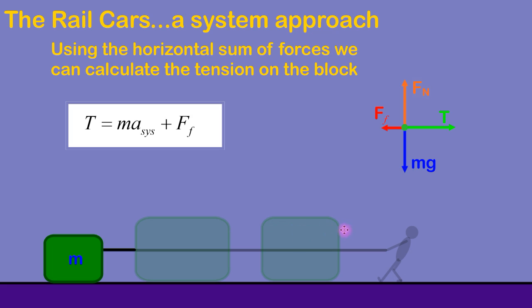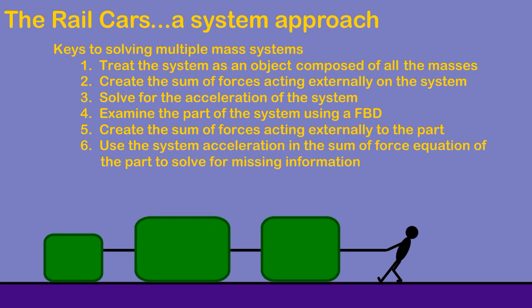Now, finding the other parts you could do, but we're just looking at this one part and seeing how you go about doing it. There's an overall pattern. Here are some steps to go about doing it. First step, treat the system as an object composed of all the masses, meaning one object. Create a sum of forces acting externally on that system or that object. Solve for the acceleration of the system.